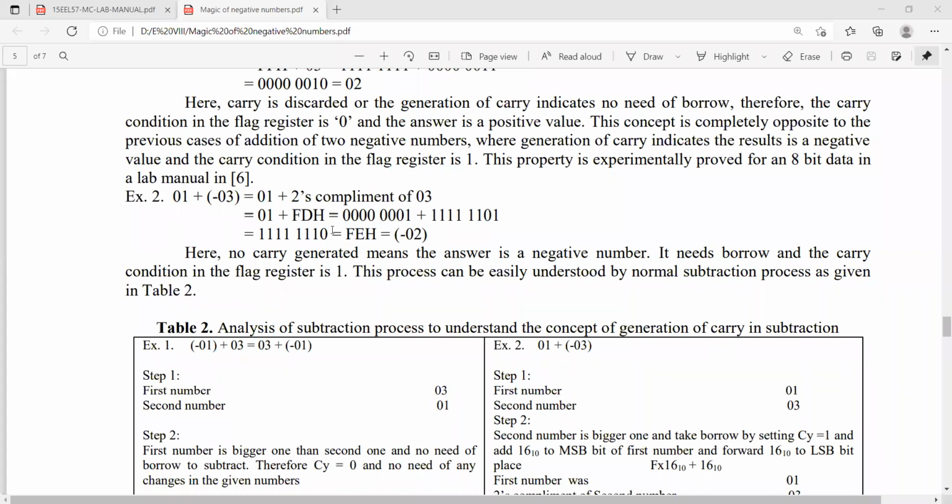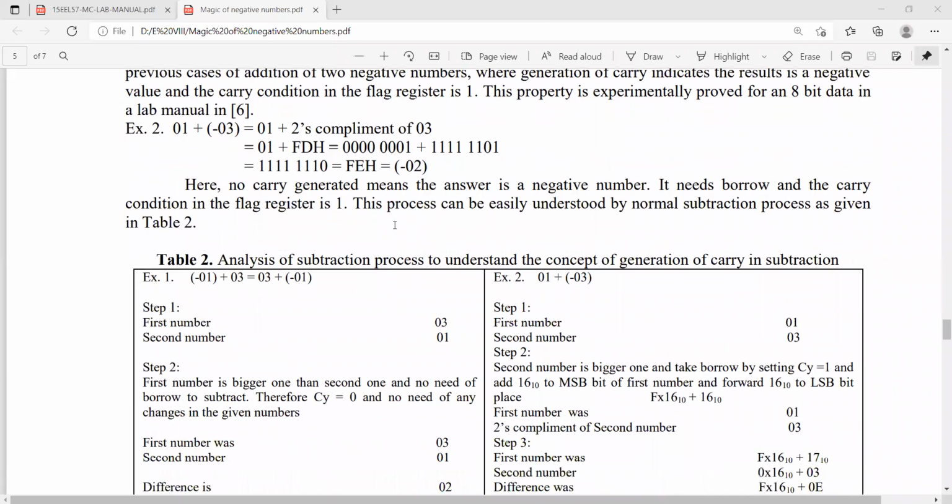Therefore, 0 here. That 0 comes to this place. Then 1 carry. So that carry plus 0 is 1, and all other ones, that is we are getting 1, 1, 1, 1, 1, 1, 1, 0. So like this, you can perform the addition operation.